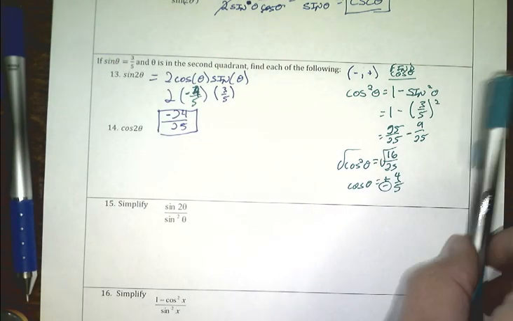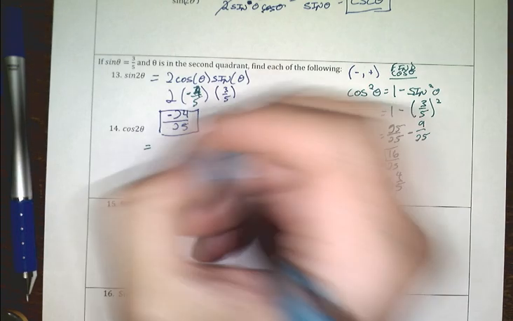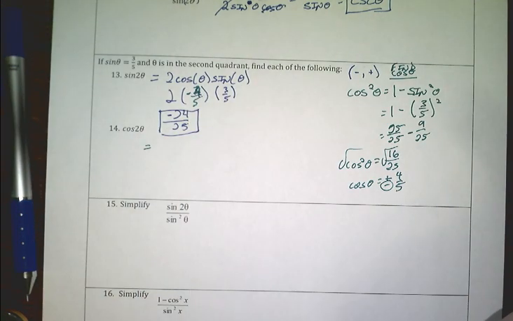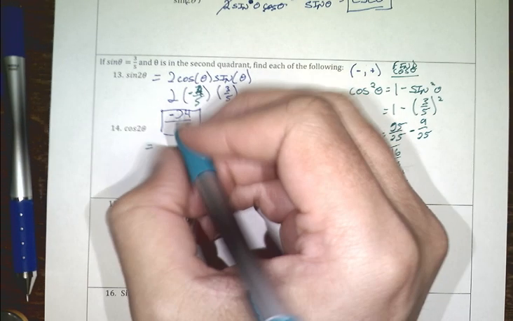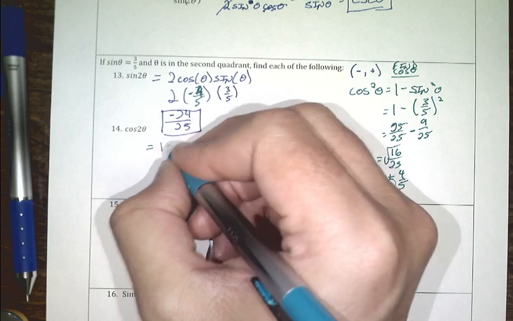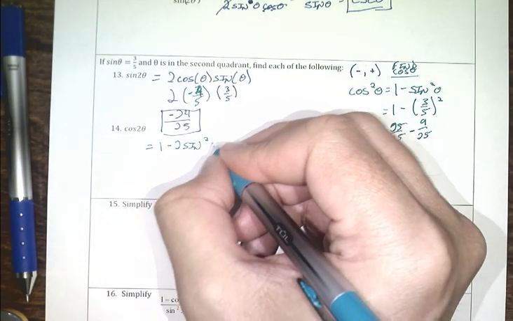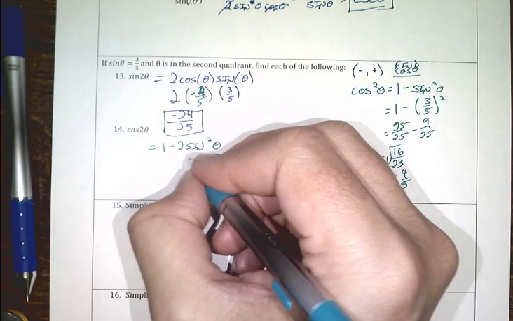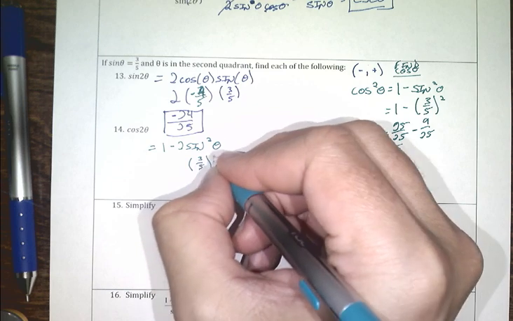Next we have cosine of 2 theta. This one, we have 3 different formulas we can use. I'm going to use the one that uses sine because that is given to us. And it is 1 minus 2 sine squared theta. And I know sine is 3/5 squared.